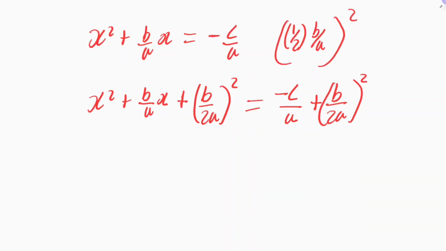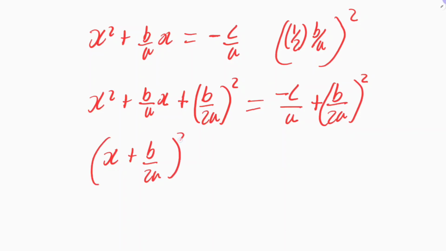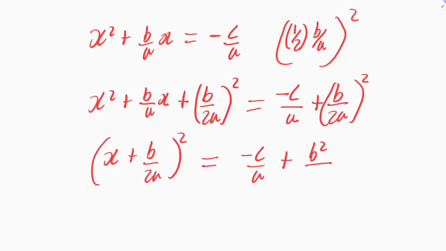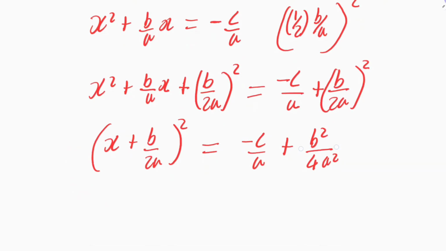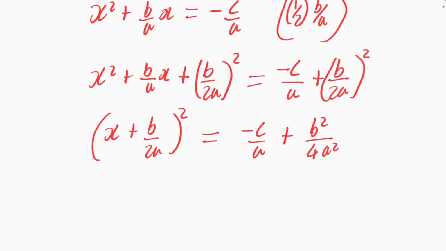I'll drop down, which gives us x plus b on 2a all squared is equal to negative c on a plus b squared on 4a squared. Now I'm sure you'll be confused how I got this, so I'm going to simplify this so that everybody can understand before I continue.